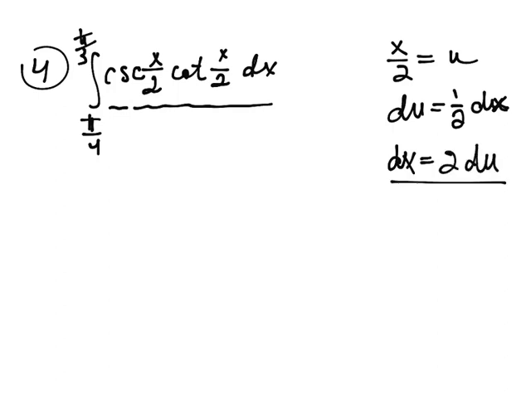All right. So don't use the boundaries, because your integral is going to contain the new variable u. So the whole thing is going to change. You'll use your limits later. So we have cosecant of u, cotangent of u, and dx is 2 du.